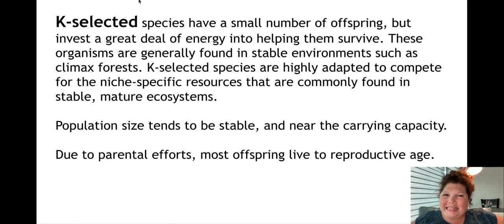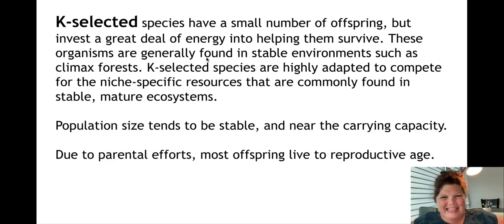Now, K-selected, they have much fewer offspring, but they invest so much energy into helping them survive. We humans, we are K-selected. So there's so much energy that goes into the gestation, but also the parenting to get them to this reproducing age.